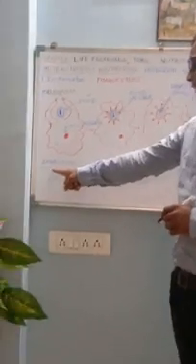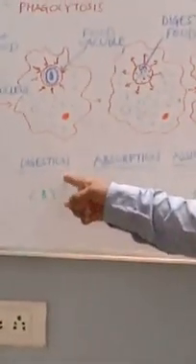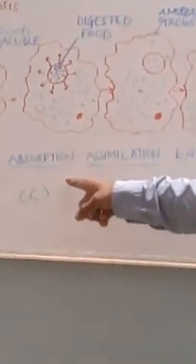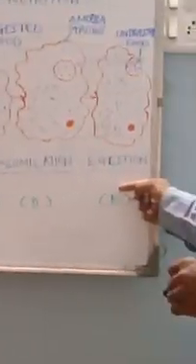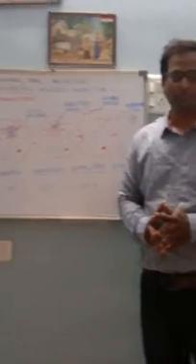Like step number 1 is ingestion. Step number 2 is digestion. Step number 3 is absorption. Step number 4 is assimilation. And step number 5 is egestion.